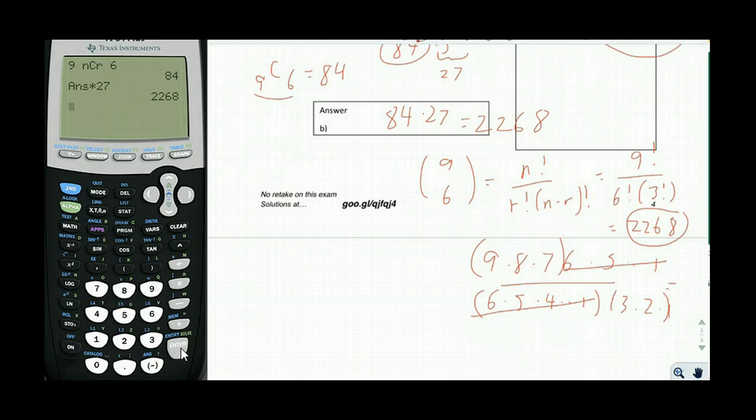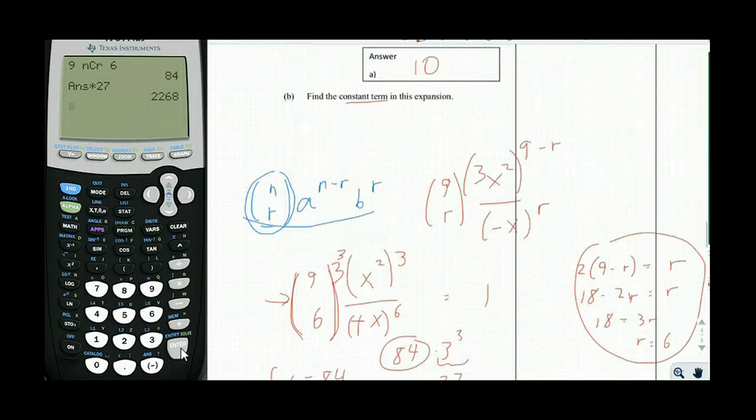Actually you're not going to get 2268, you're going to get 84, remember? The 3 cancels out with that, you get 3, the 2 cancels out with that, you get 4, so that'd be 12 times 7 gives you 84. And then when you multiply by the 27 here, it gives you 2268.